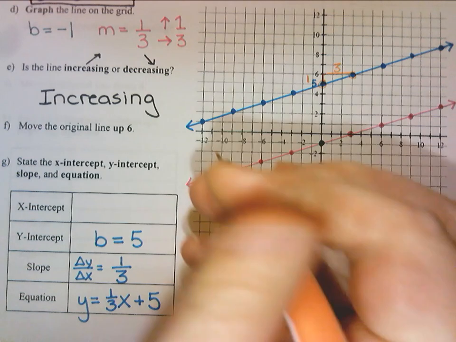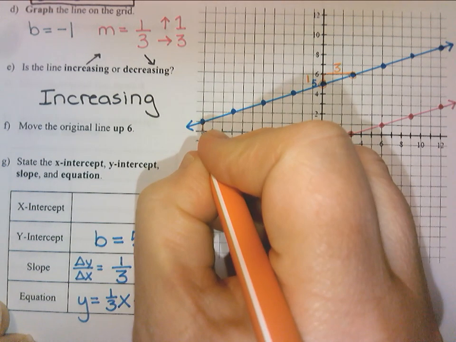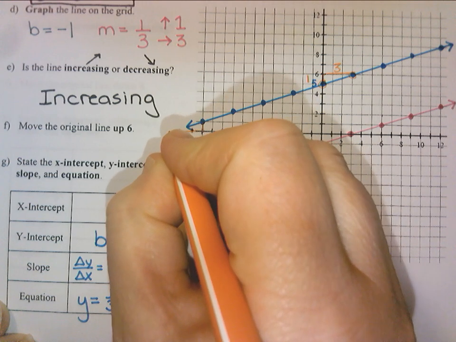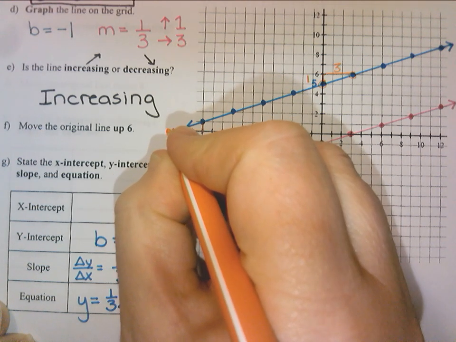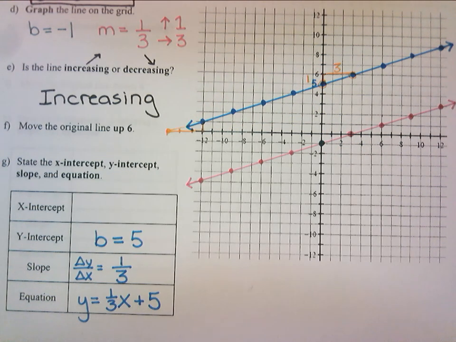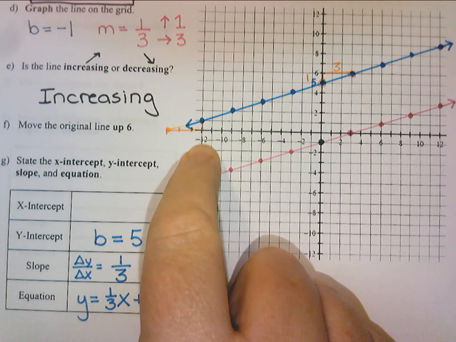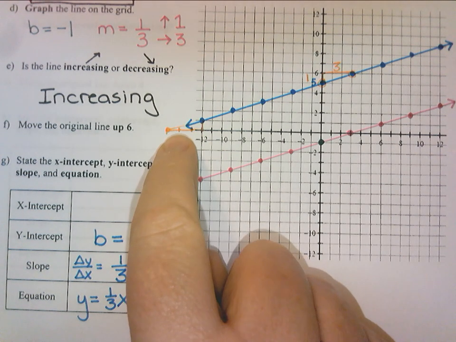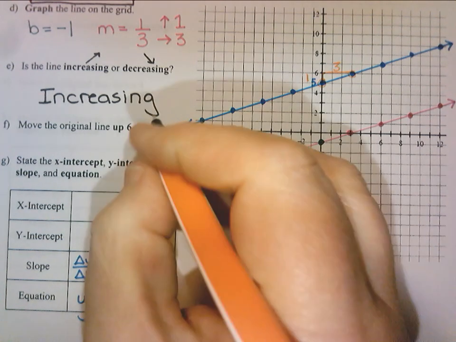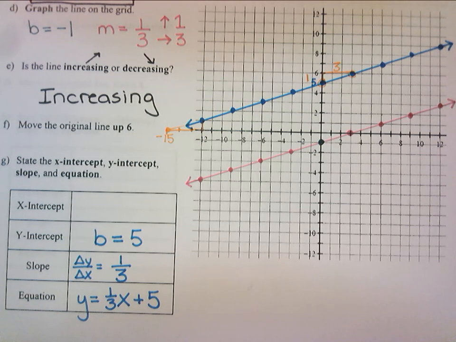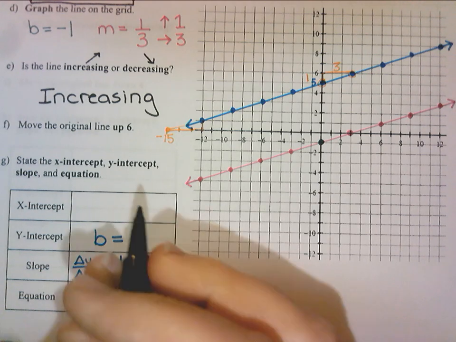So here I would come down 1 and then over 1, 2, 3. And that's where that x-intercept should be. My last number is -12, so this would be -13, -14, and -15. So our x-intercept is actually at -15.